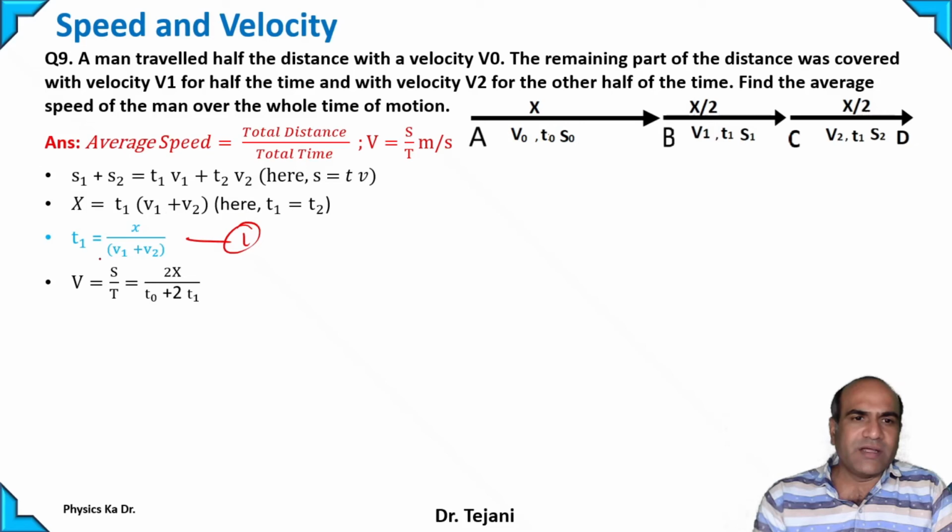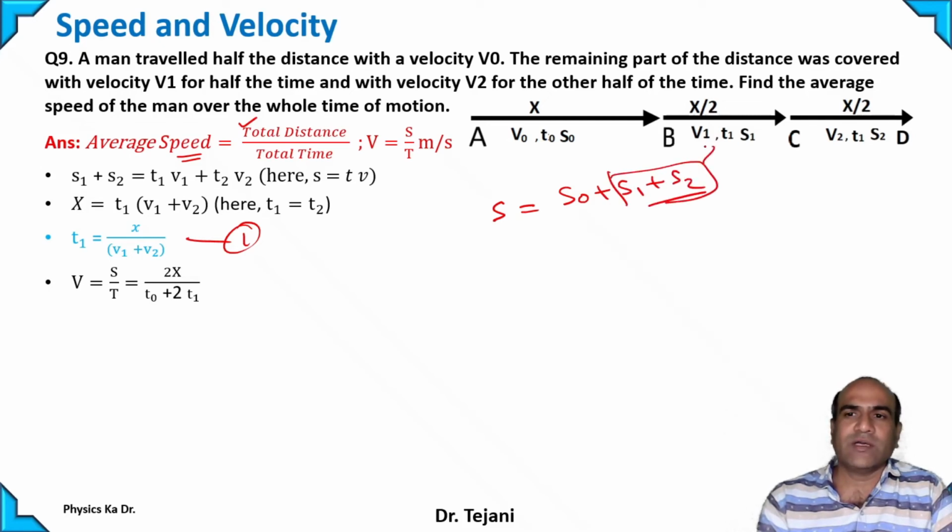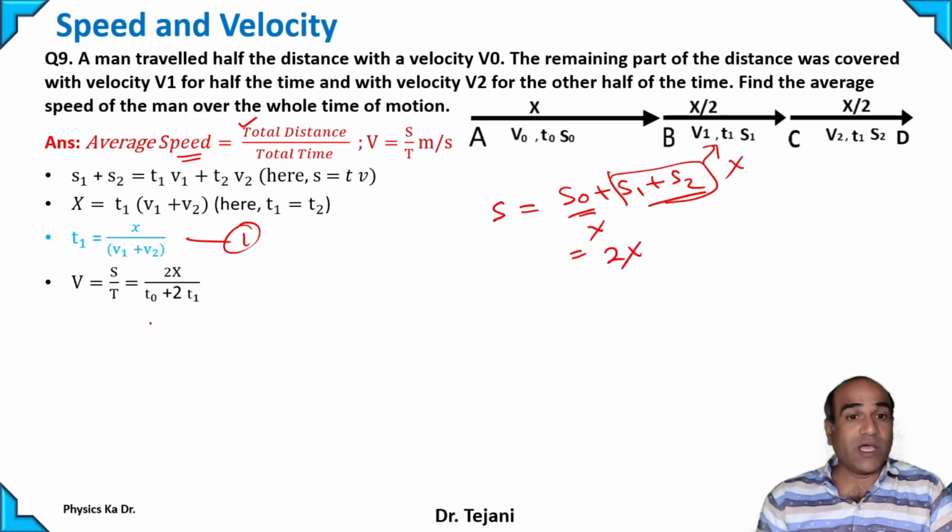Another is that we need the velocity, or the speed, which is equal to total distance divided by total time. So we know that the total distance s is equal to s0 plus s1 plus s2. s1 plus s2 is x, s0 is also x. So can we say 2x? Yes, of course we can.